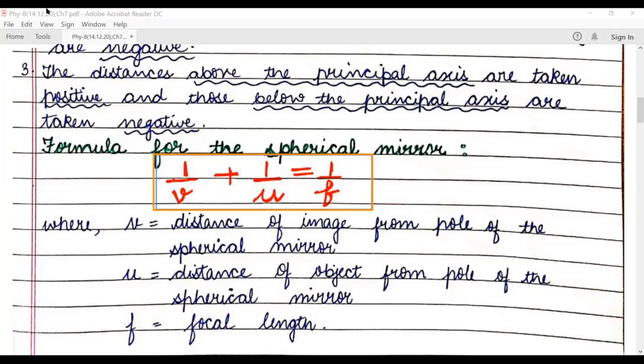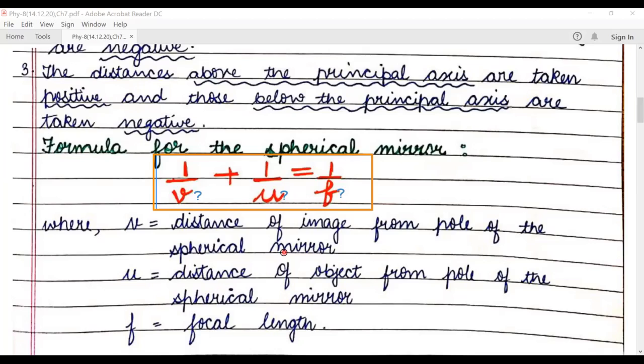Now the question arises: what is this v, what is this u, and what do we mean by f? Students, v is the distance of the image from the pole of the spherical mirror.